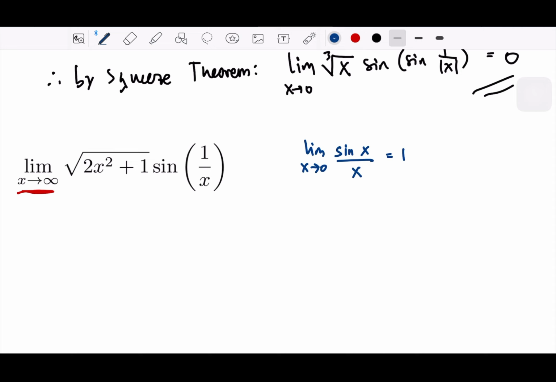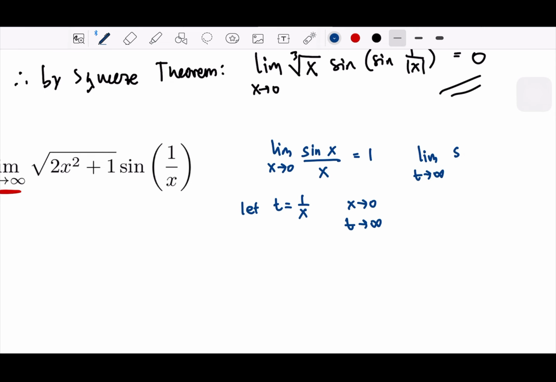Okay, let's say t is 1 over x. Well, t is like a dummy variable. And when x is going to 0, t is going to infinity, right? So we could have the limit as t goes to infinity of sine 1 over t over 1 over t, and this will be equal to 1.